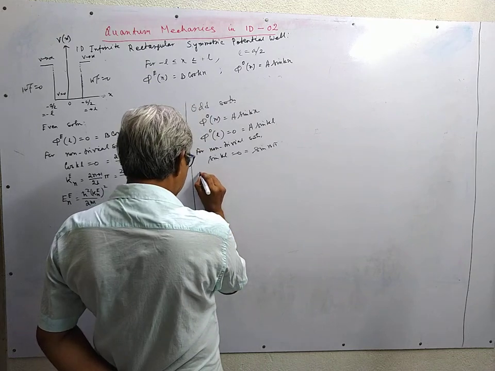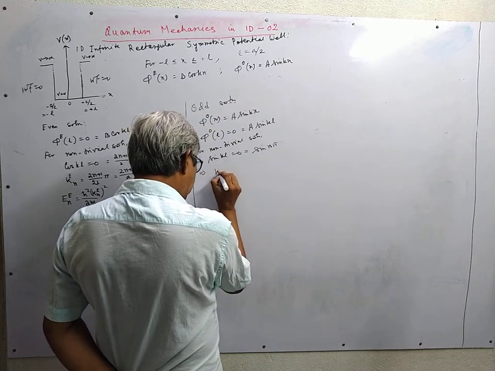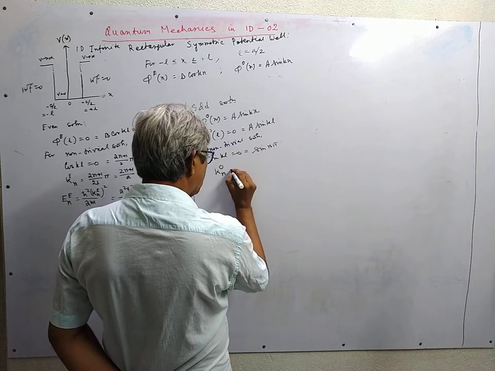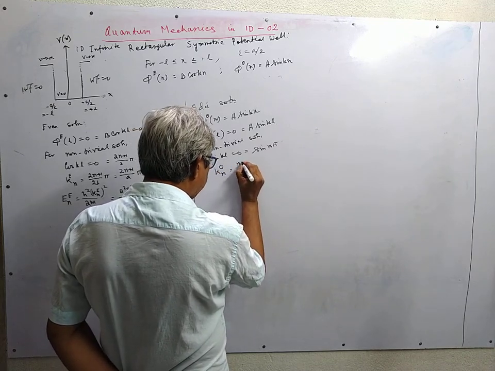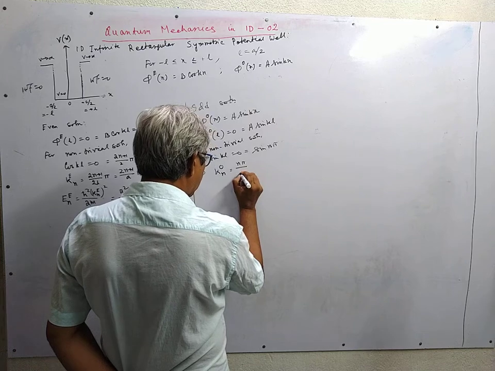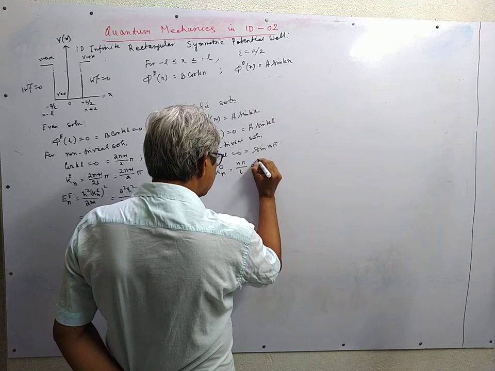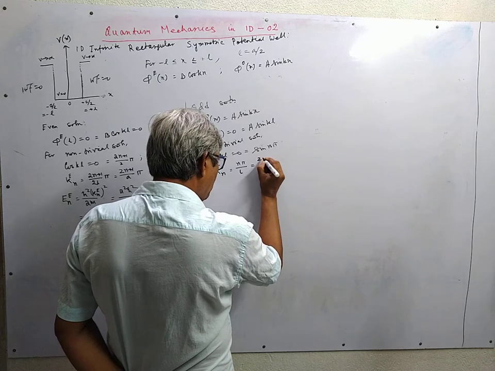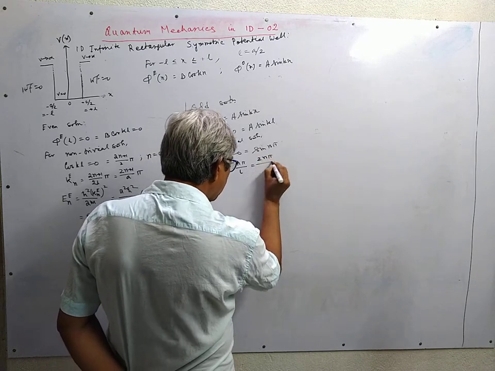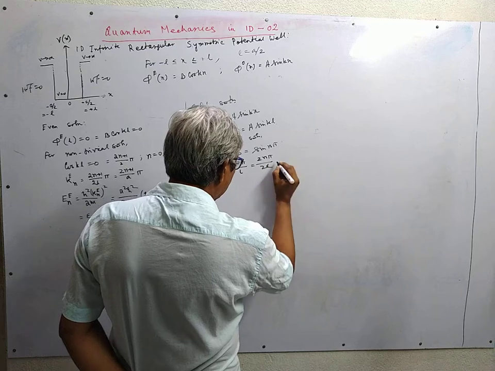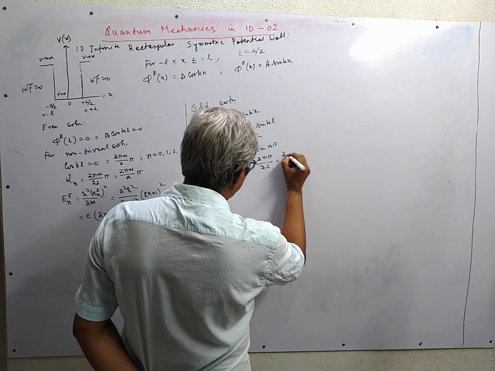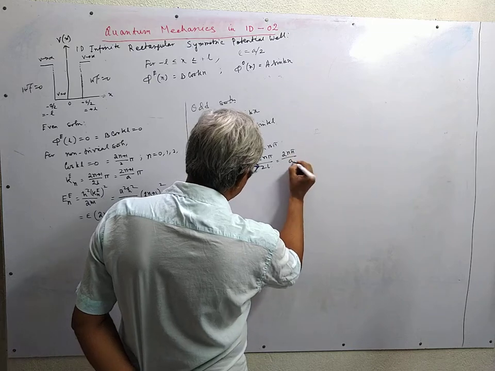So we get kn odd is equal to n pi by L. We write it as 2n pi by 2L, which is equal to 2n pi by a.